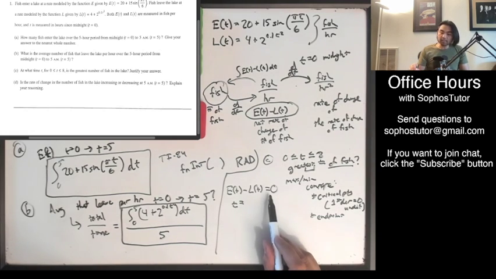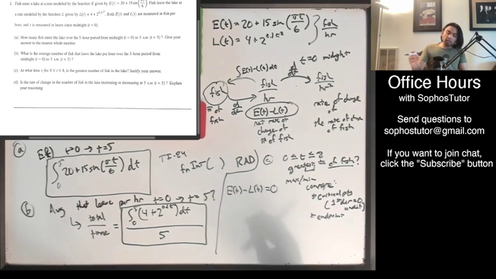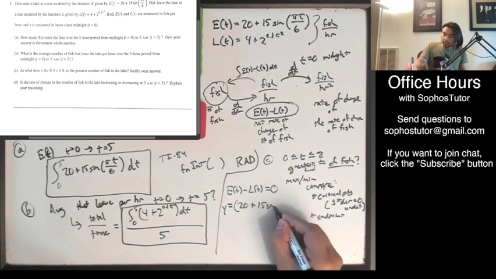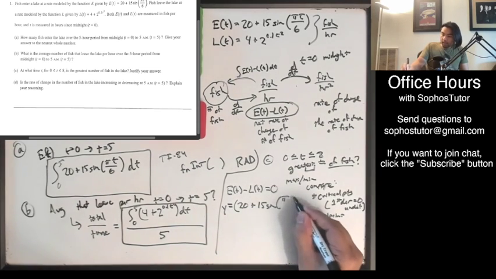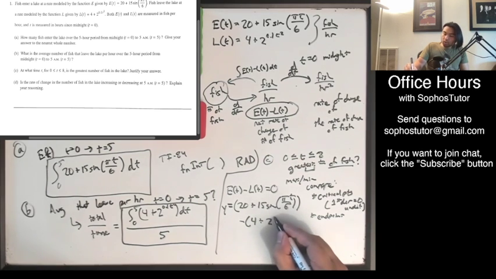Now, I would strongly suggest that we graph this function. In your calculator, you're going to go into the y equals portion, and you're going to enter 20 plus 15 sine of pi t over 6, minus parentheses 4 plus 2 to the 0.1 t squared.